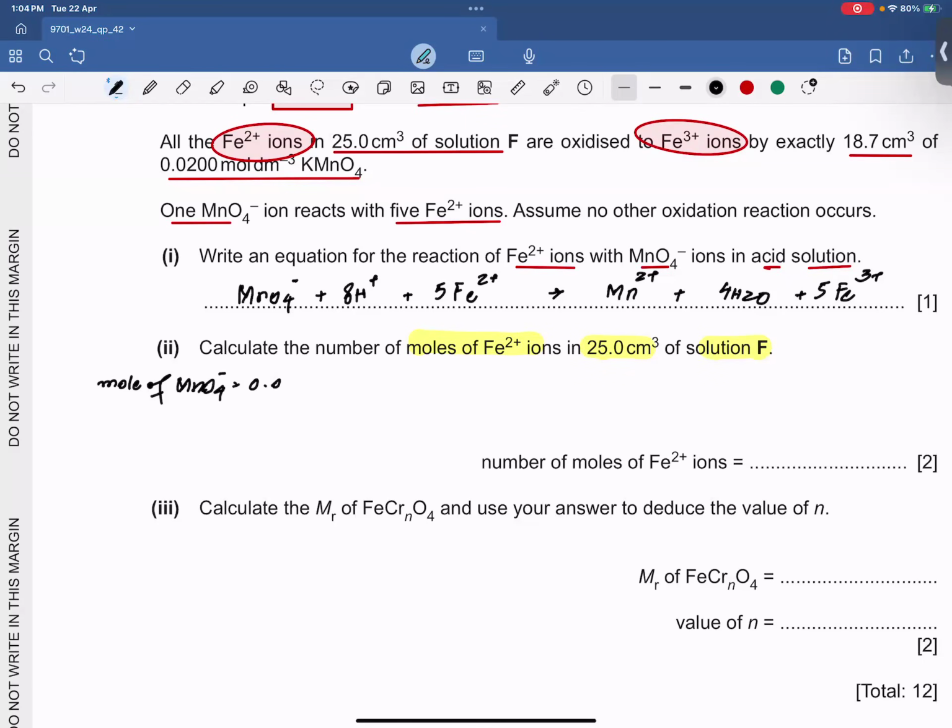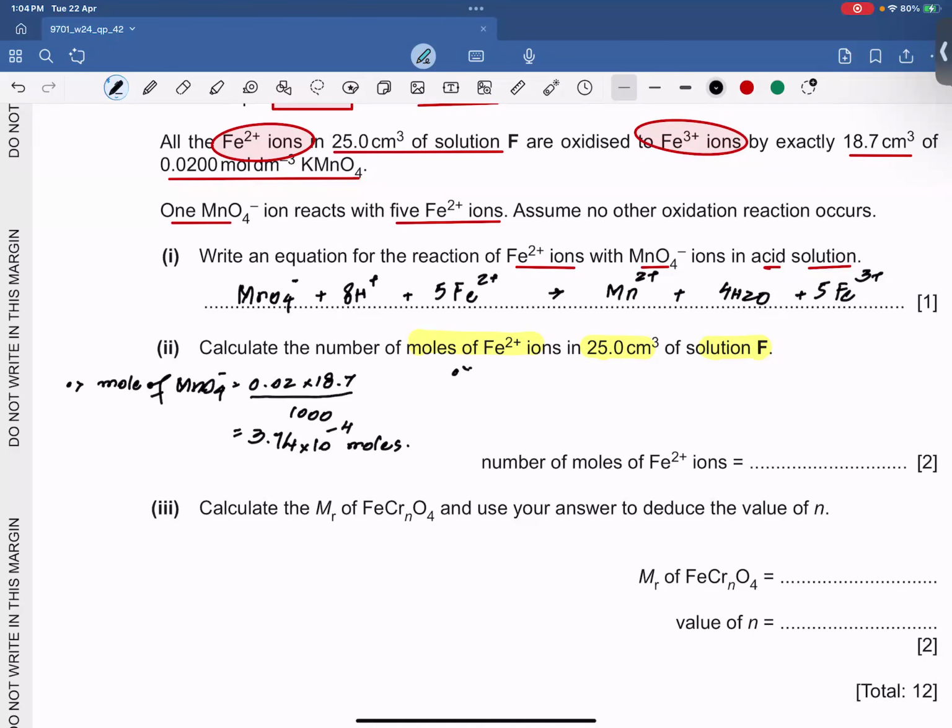So it's 0.02 into 18.7 divided by 1000. 0.02 into 18.7 divided by 1000. So it's going to be 3.74 into 10 to the power minus 4 moles. That is my first step in this calculation.